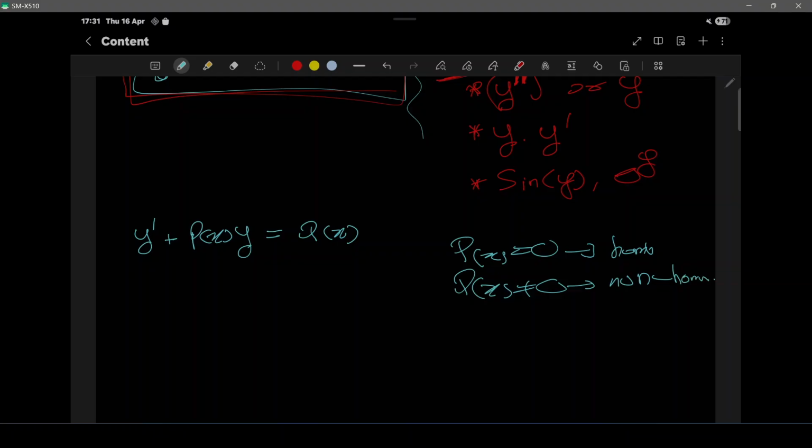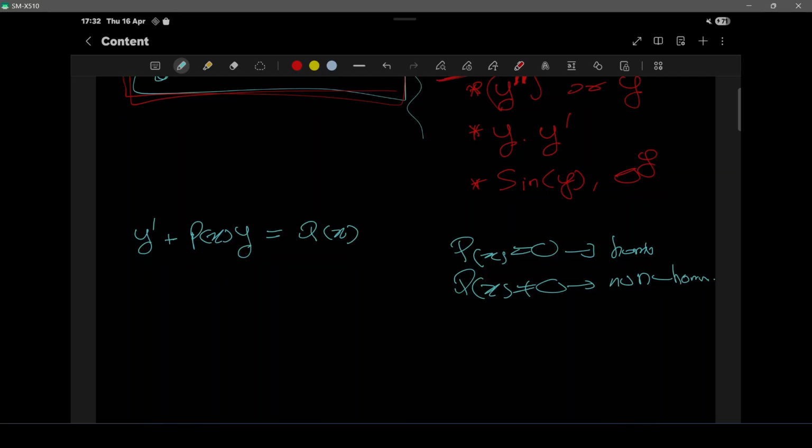It is just some notation. Do not confuse it with the homogeneous we talked about in the previous video. That homogeneous is not the same meaning as this. This is linear homogeneous.